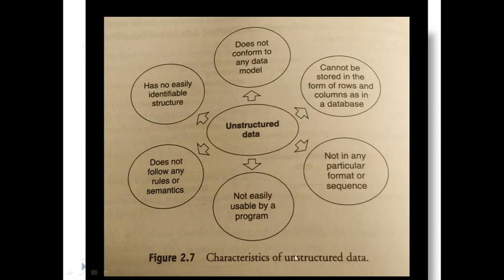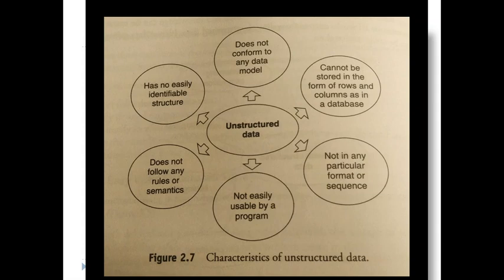Talking about the characteristics of unstructured data, here we will be able to better understand it. It does not conform to any data model. Initially, people tried to create data models which could adapt to or store unstructured data, but it did not happen.